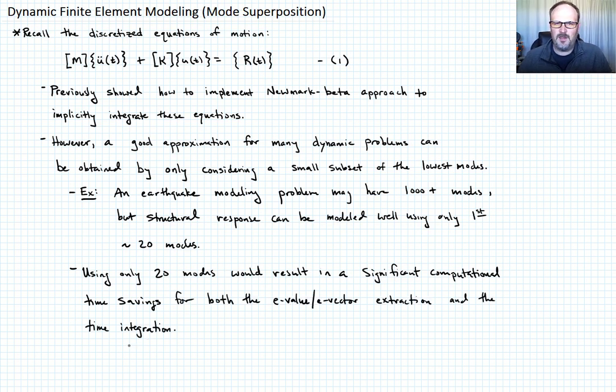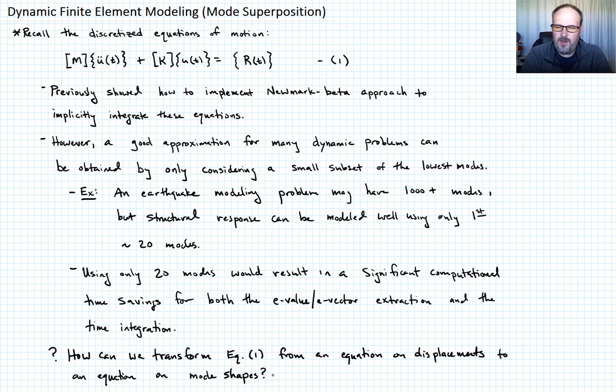So the question I'm going to pose at the end of this intro is, how could we transform equation 1 from an equation written on displacements to an equation written in terms of a summation of all of our possible vibration modes? Okay, that's the question we're trying to answer.